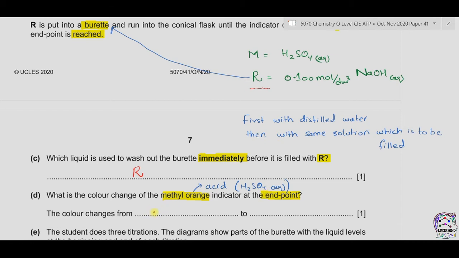So the color of methyl orange in acid is red, or you can also write pink. And when the solution is neutralized, it changes from red or pink to yellow, or you can also write orange.